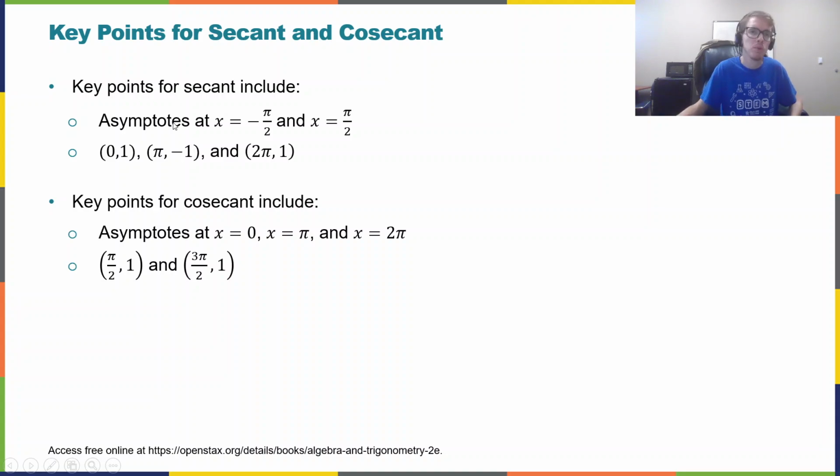Secant will have asymptotes at negative pi over 2 and pi over 2, and key points of 0, 1, pi, negative 1, and 2 pi, positive 1. Key points for cosecant are asymptotes at x equals 0, x equals pi, x equals 2 pi, because sine has 3 zeros on its interval. And then the 2 points pi over 2, 1, and 3 pi over 2, 1.